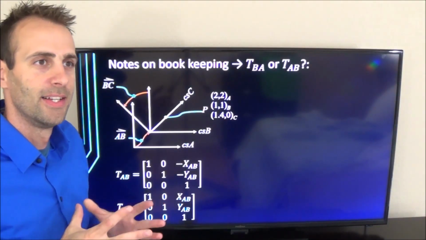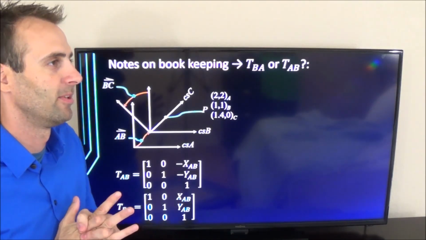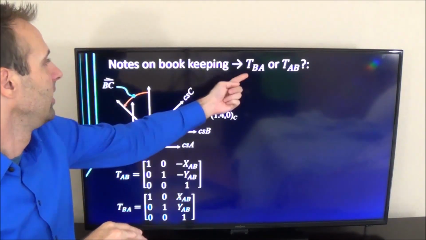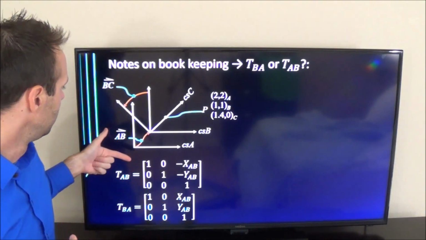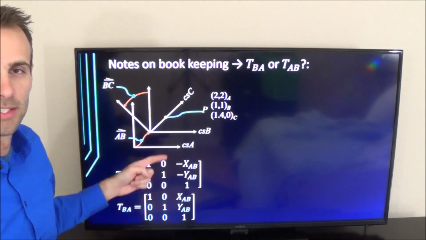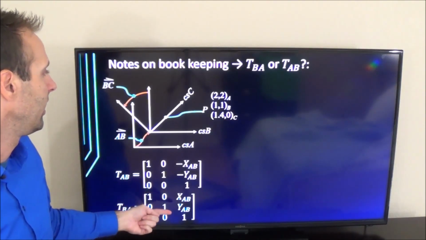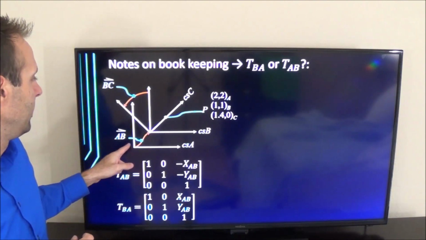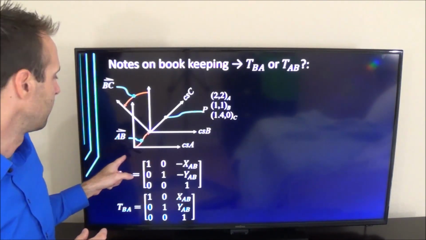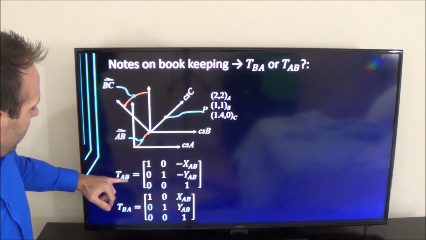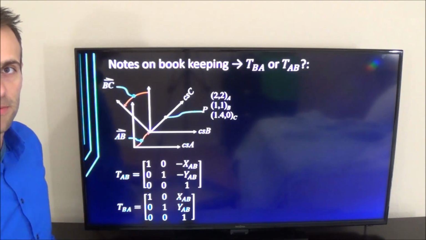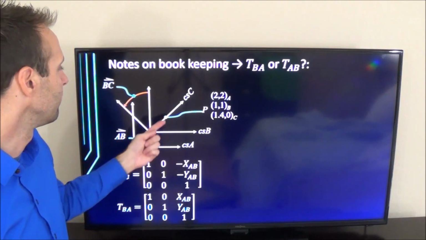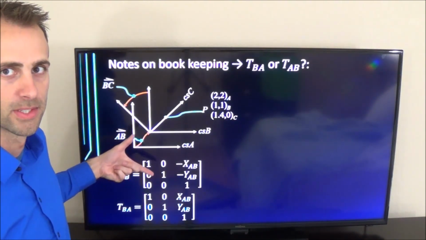Okay, and then there's this concept of, remember when I said you have to pick a direction? Am I going from A to B, or am I going from B to A, right? So mathematically, it doesn't matter whether I go from A to B or B to A. If I physically measure this from A to B, it's going to be plus, plus, so plus X plus Y. But if I put this into a matrix form, because this is a coordinate system transformation, I'm not moving my point of interest, I'm moving my reference.